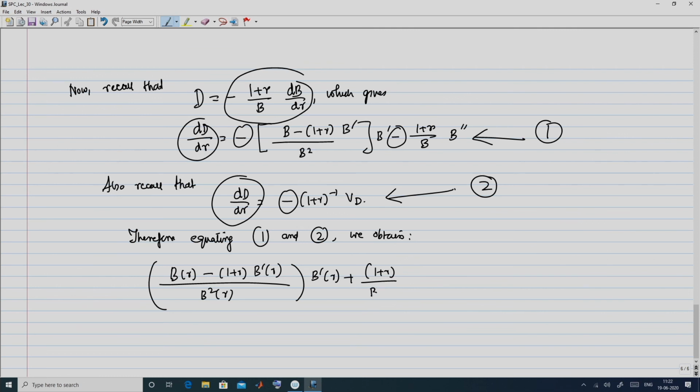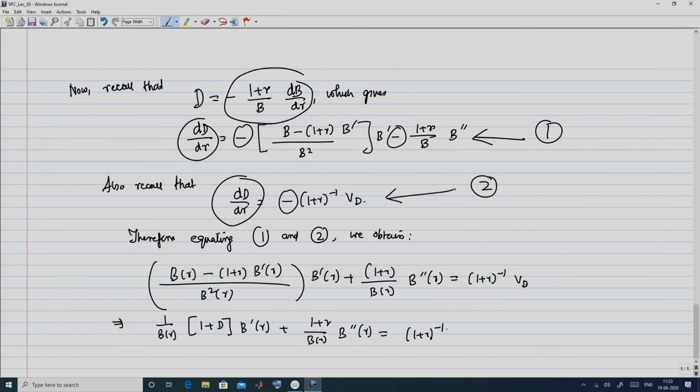So, I will have (1 plus r) over B of r into B double prime of r equal to (1 plus r) inverse into V minus D. So, this implies that 1 over B of r into (1 plus D) into B prime of r, plus (1 plus r) over B of r into B double prime of r, is equal to (1 plus r) inverse into (V minus D).